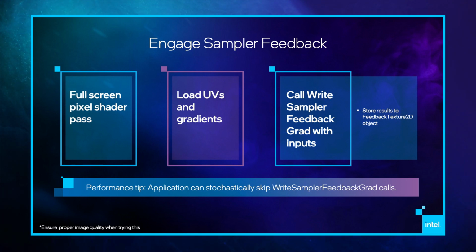One interesting performance tip: applications can stochastically skip calls to write sampler feedback grad. In this particular case, this pass is 25% faster when stochastically skipping samples. If you implement this optimization, please ensure that you have proper image quality.